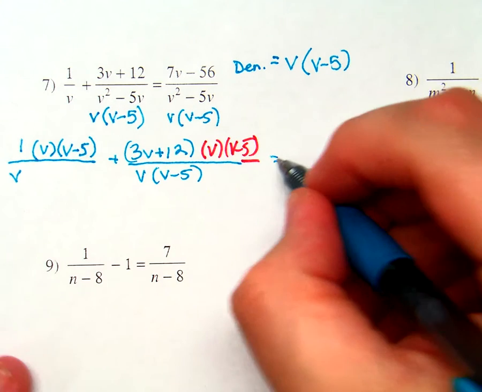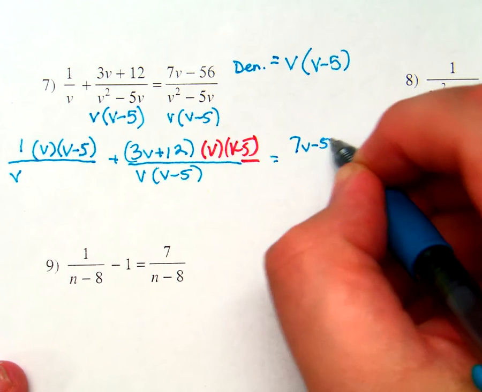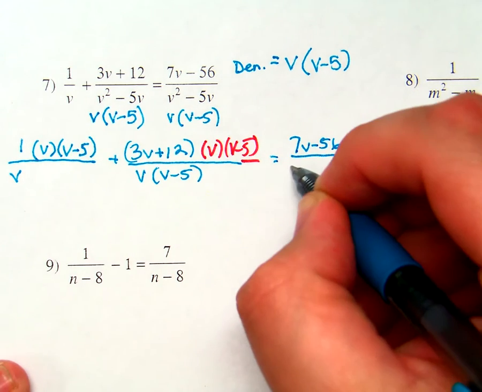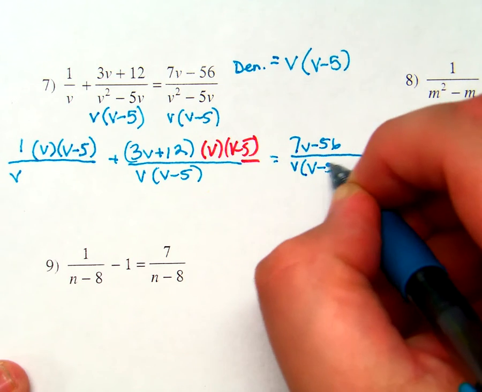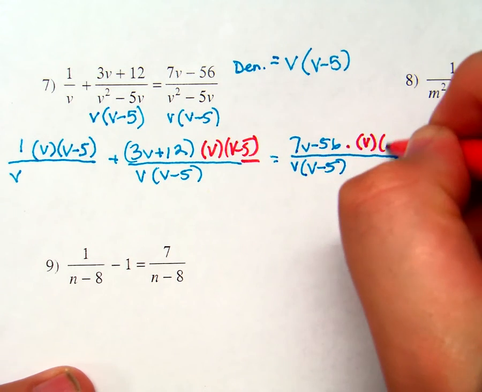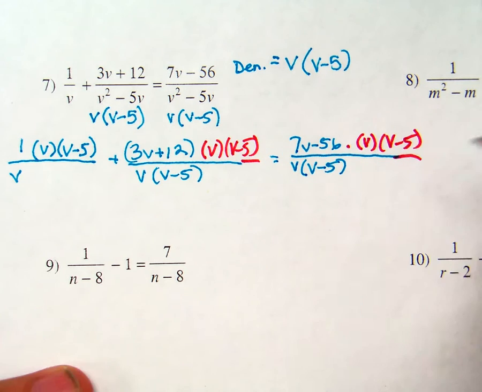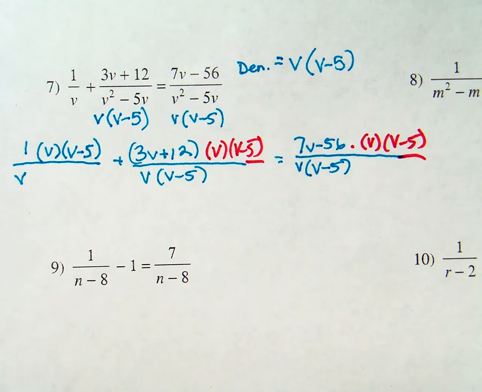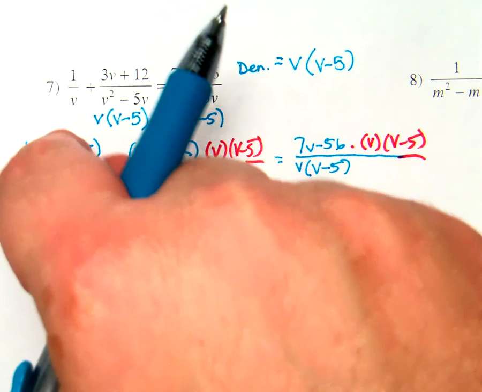And that'll equal to 7v minus 56 over v times v minus 5. Then multiply the top by the common denominator, v minus 5. So this is your common denominator too.